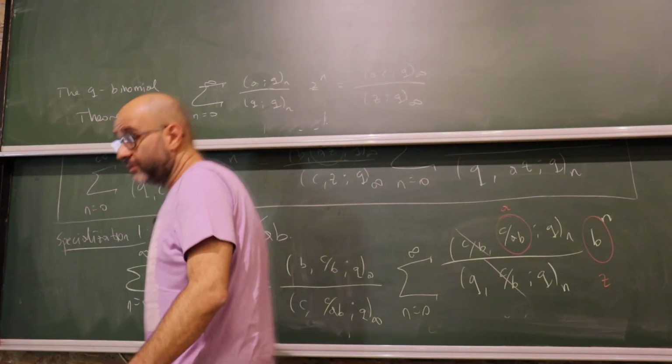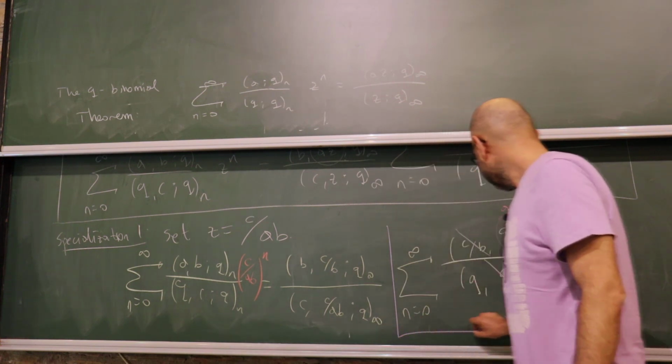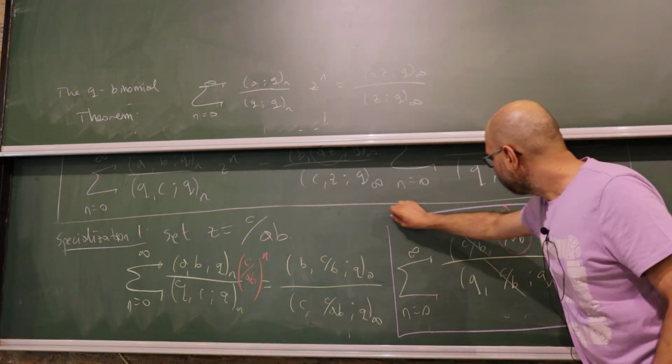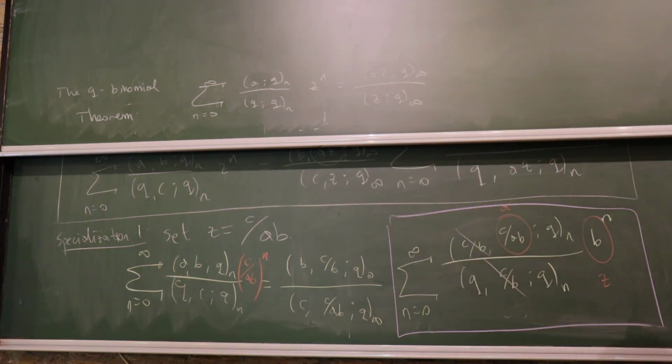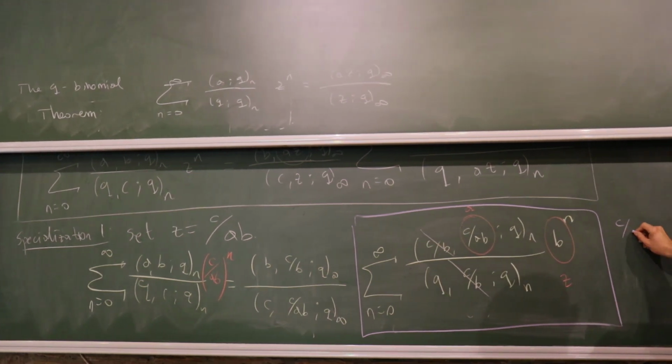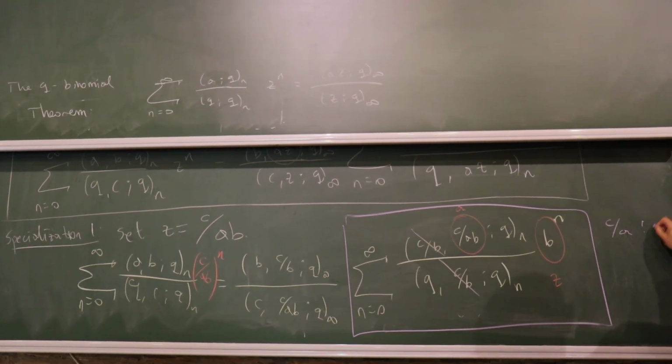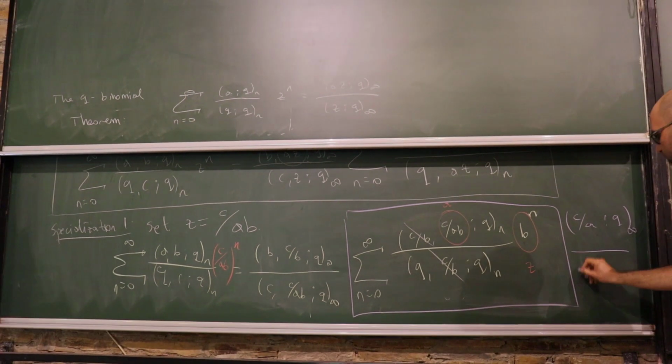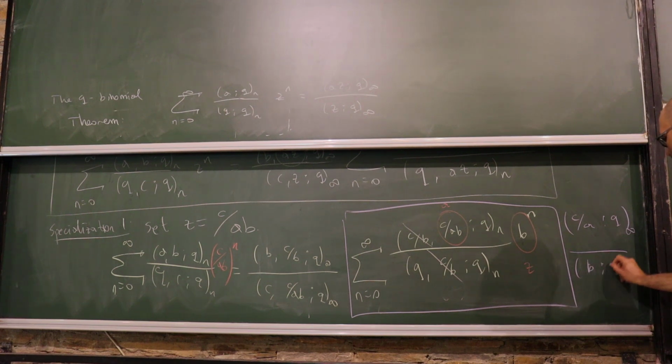Altogether, this Q hypergeometric sum can be written as a quotient of two infinite products, and they are going to be a times z, which is C over ab times b, c divided by a, q sub infinity, divided by the argument, q sub infinity.